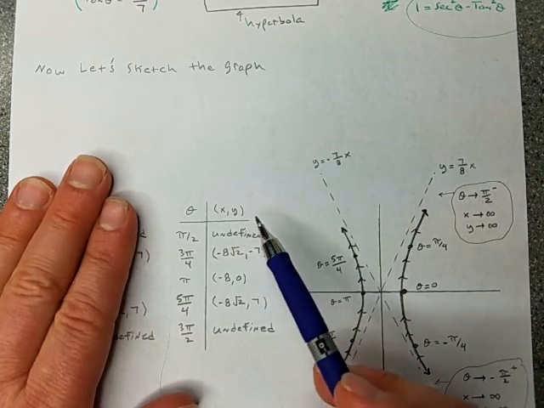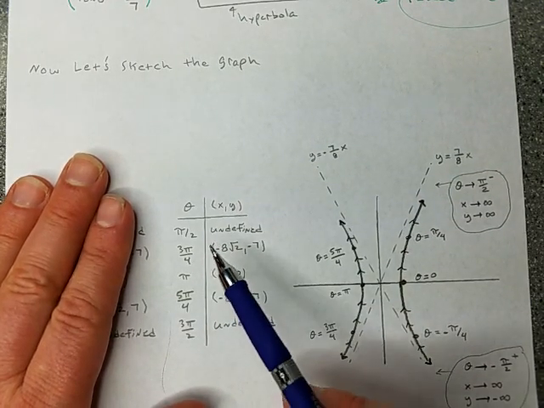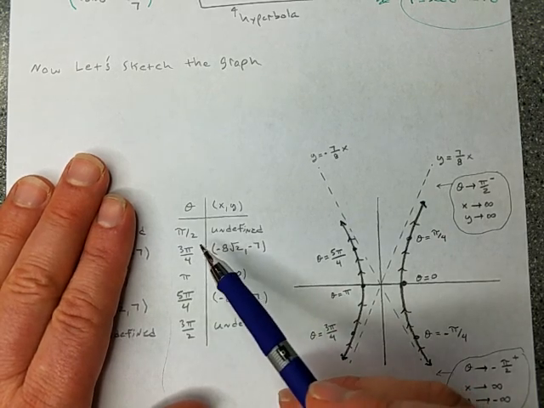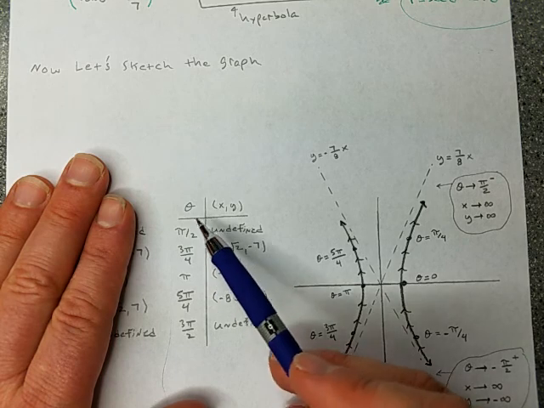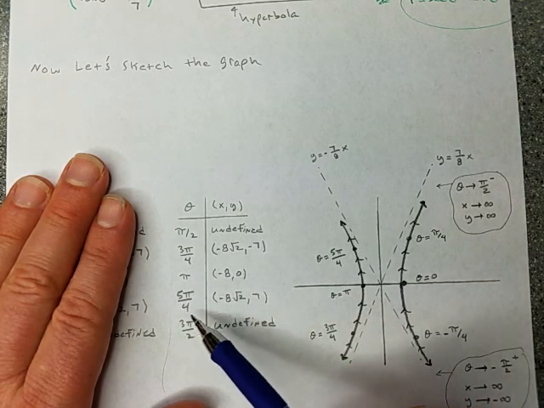So let's say I just started here. How do you advance from pi over 2 to 3 pi over 2? You would do pi over 2, 3 pi over 4, so that's 90, that's 135, that's 180, that's 225, that's 270.